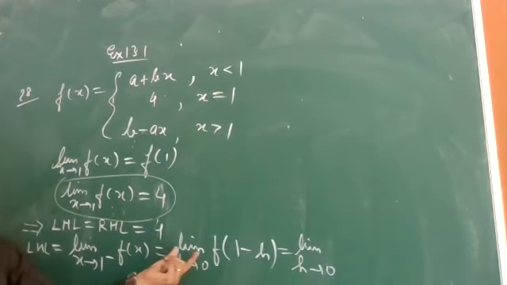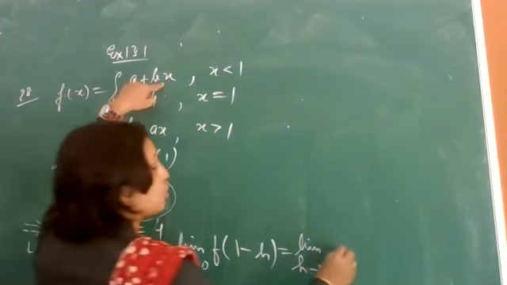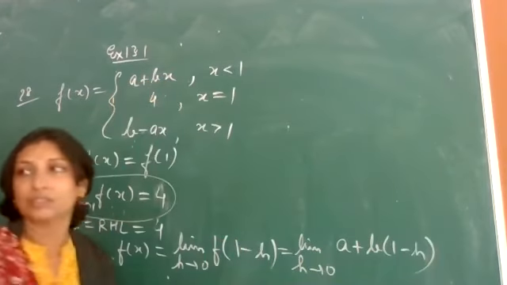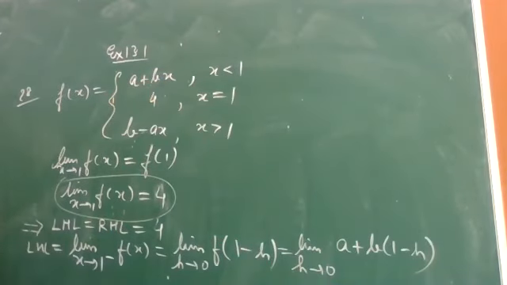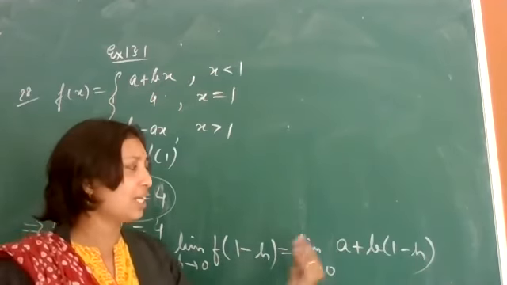Now, then the function is defined for less than 1. Which function is defined for less than 1? This one. So, in place of x, we have to put 1 minus h. Okay? In place of x, we have to put 1 minus h. And now, it is in simplified form. ज़्यादा से ज़्यादा क्या कर सकते हैं?